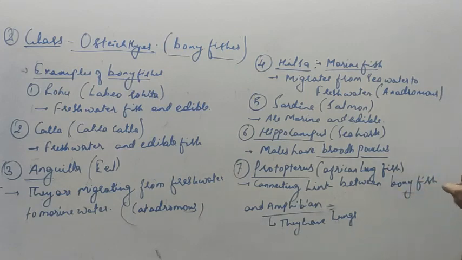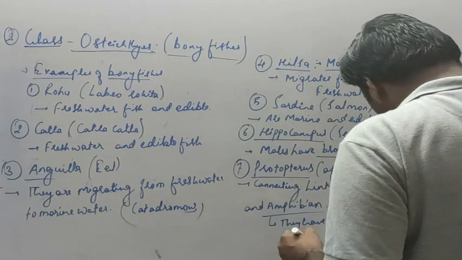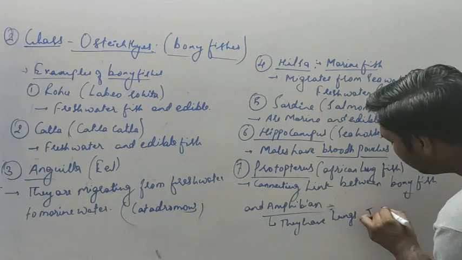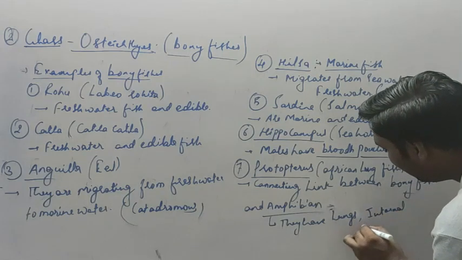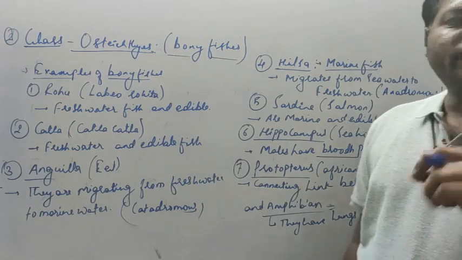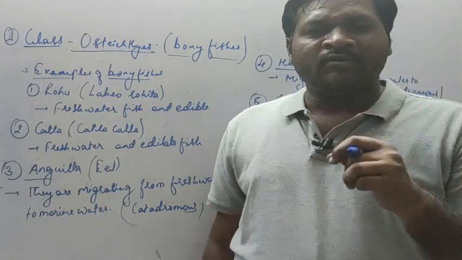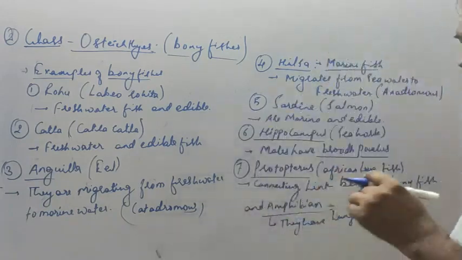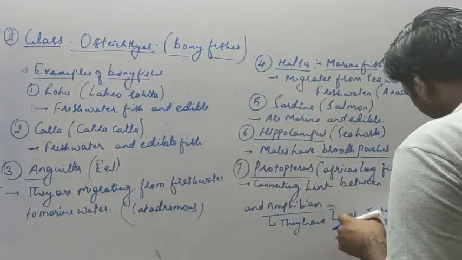So they consist of gills, as well as lungs like amphibians. The next, they have internal nares. Internal nares are small openings present on the body wall, acting as a nostril. Instead of nostril we call them internal nares.